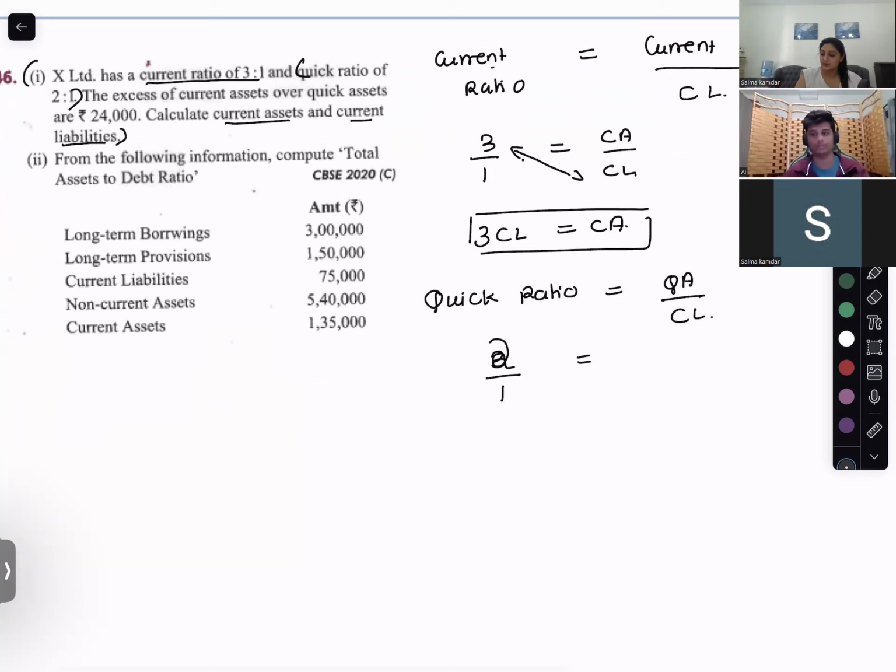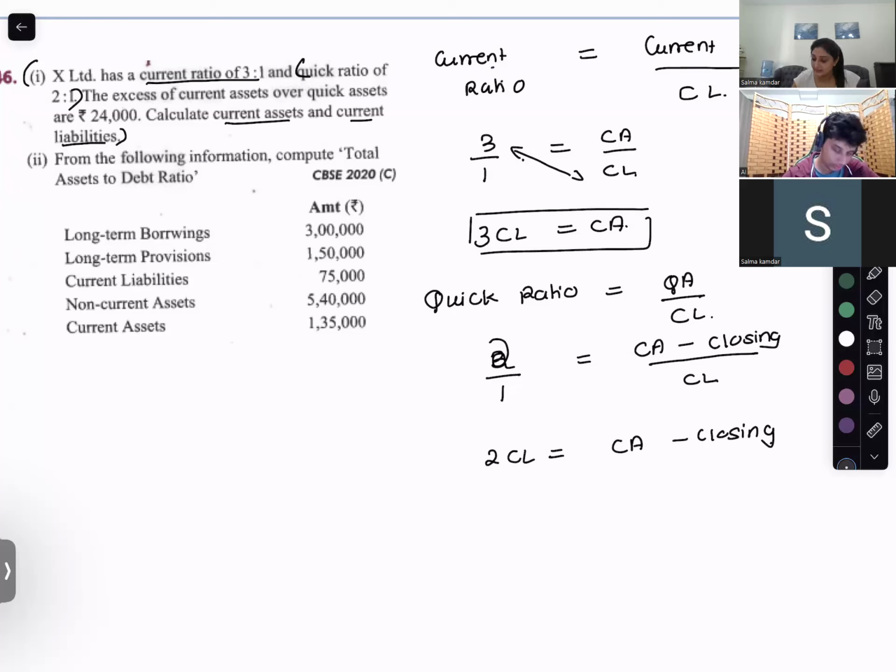Quick assets is current assets minus closing inventory, over current liabilities. So I can say 2 current liabilities is equal to current assets minus closing inventory.